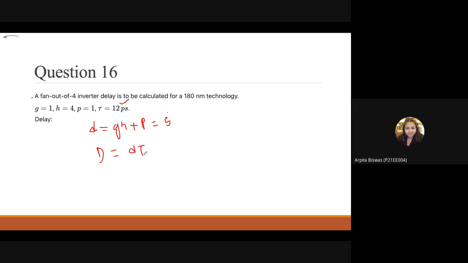So D is 5 and multiply with this tau. So total delay is 60 picosecond. Similar type of questions, please try at least 4 to 5 to practice.